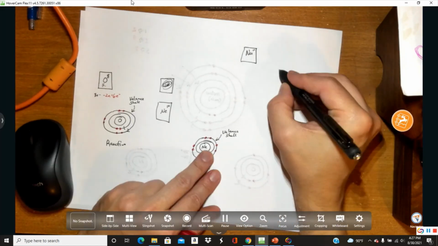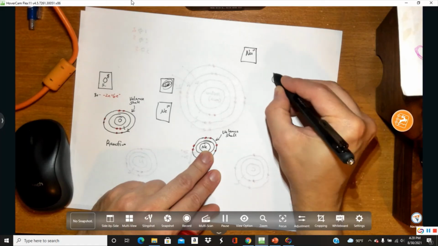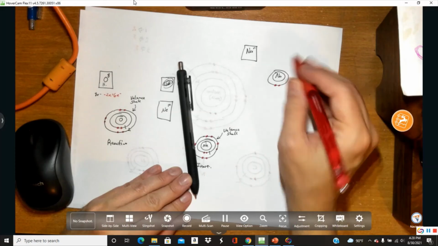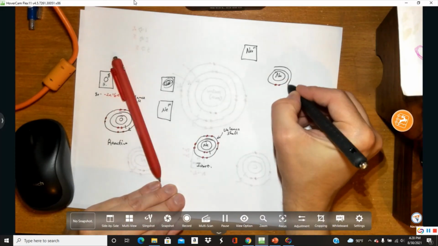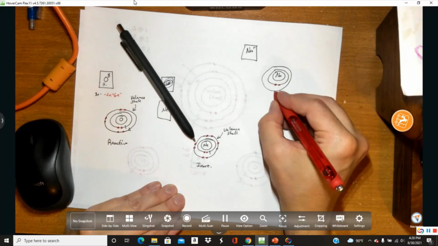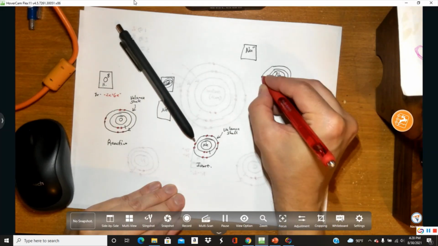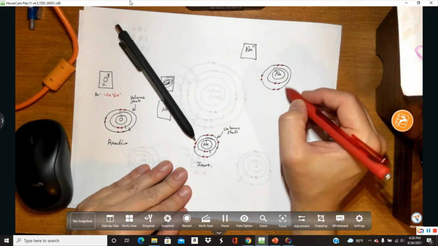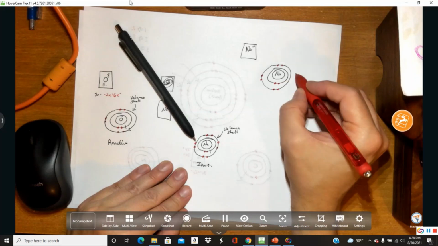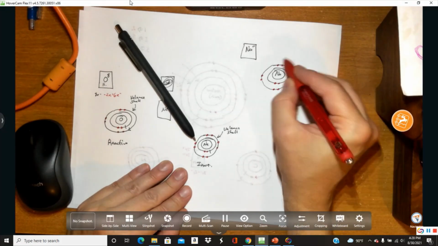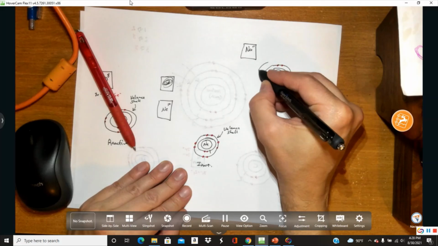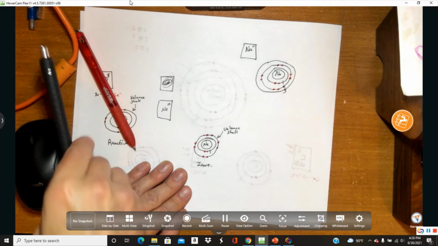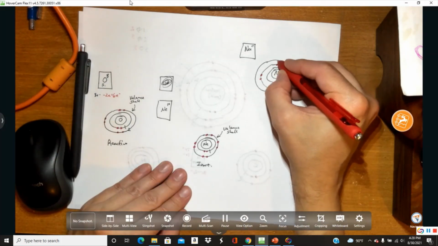Okay, now, 2, 4, 6, 8, 10. One more, third shell goes out. So first, second, and third shell. And then 1 right here by itself, okay?